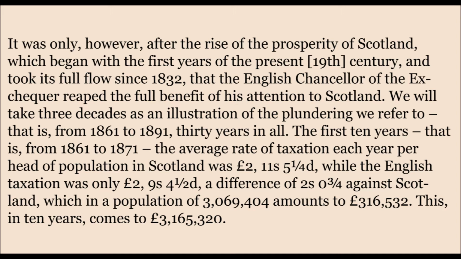The first 10 years, that is, from 1861 to 1871, the average rate of taxation each year per head of population in Scotland was £2, 11 shillings, 5 and a quarter pence, while the English taxation was only £2, 9 shillings, 4 and a half pence, a difference of 2 shillings and 3/4 pence against Scotland, which in a population of 3,069,404 amounts to £316,532. This, in 10 years, comes to £3,165,320.